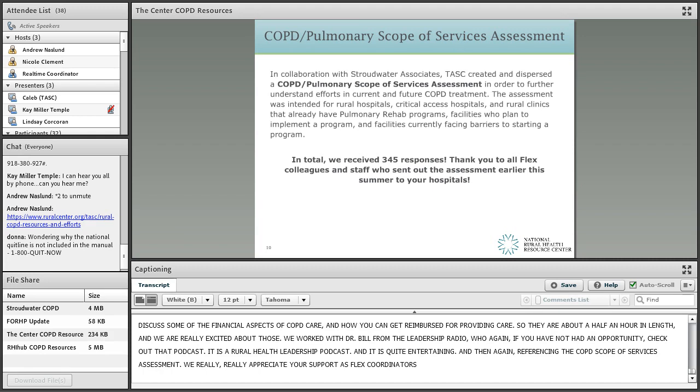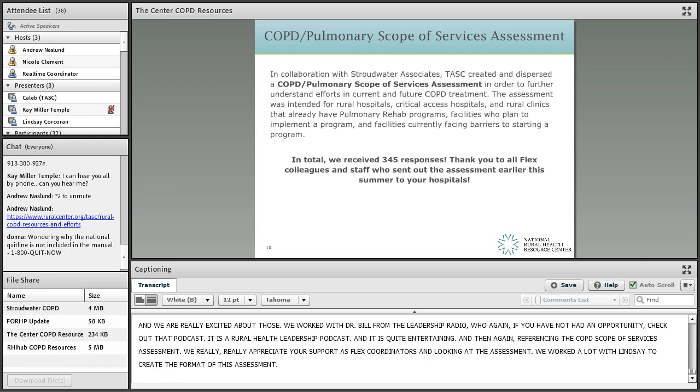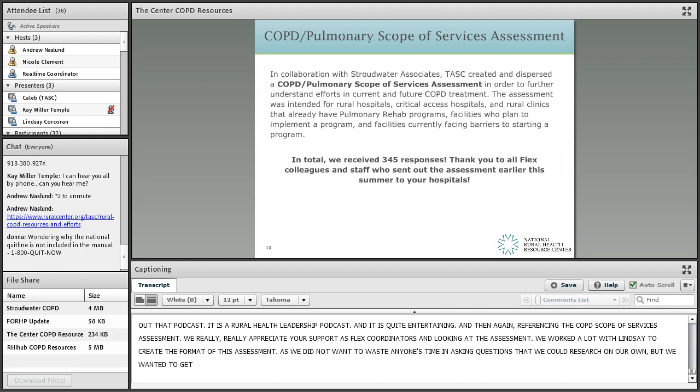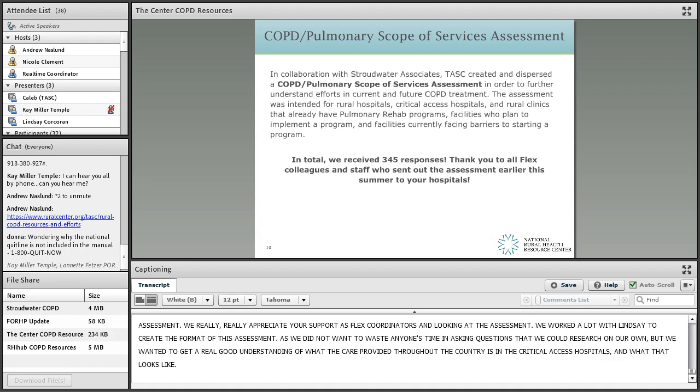We worked a lot with Stroudwater and Lindsay from Stroudwater to create the format of this assessment, as we did not want to waste anyone's time in asking questions that we could research on our own, but we wanted to get a real good understanding of what the care provided throughout the country is in the critical access hospitals and what that looks like, the format of it, how many hospitals are providing this care, and what that looks like in rehab or not.